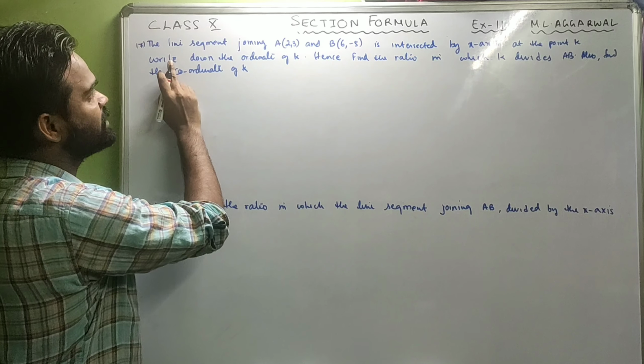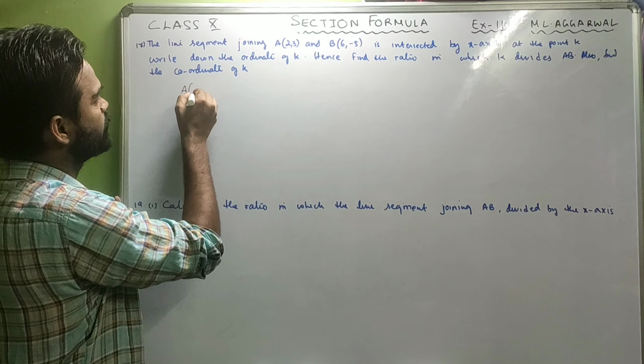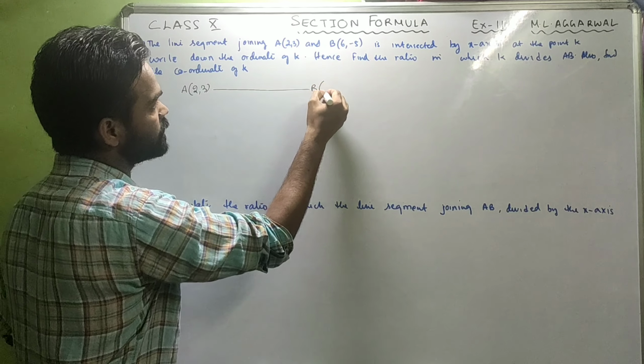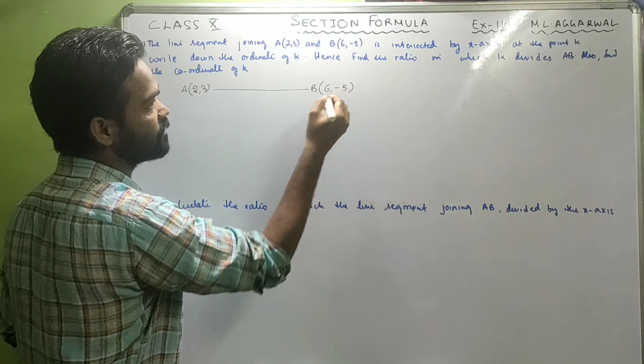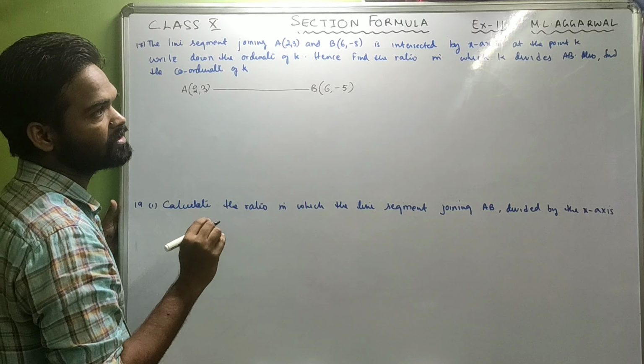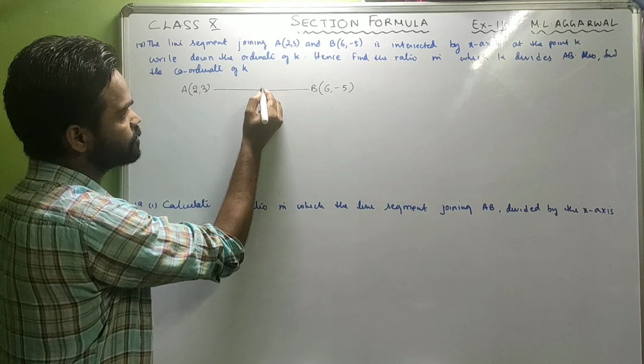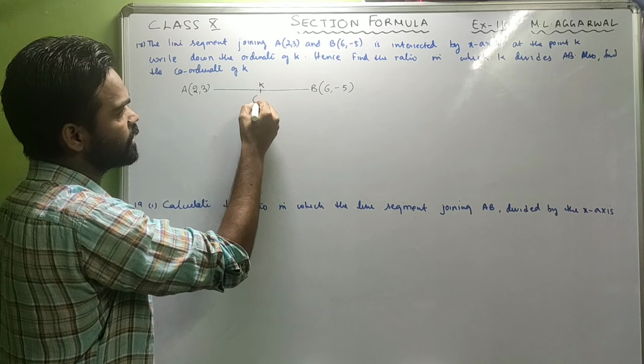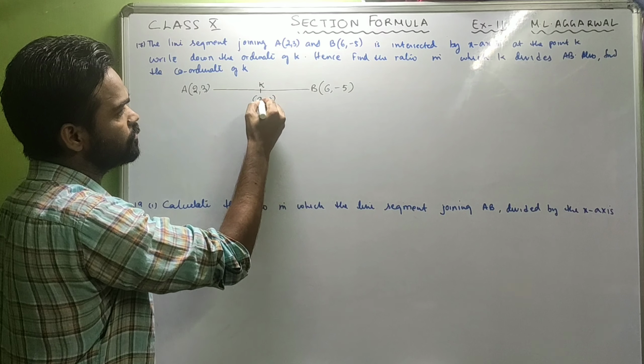Very interesting. The line segment joining A, that's 2 comma 3, and B, that's 6 comma minus 5, is intersected by the x-axis at the point K, which means K lies on the x-axis, which means K can be written as A comma 0.